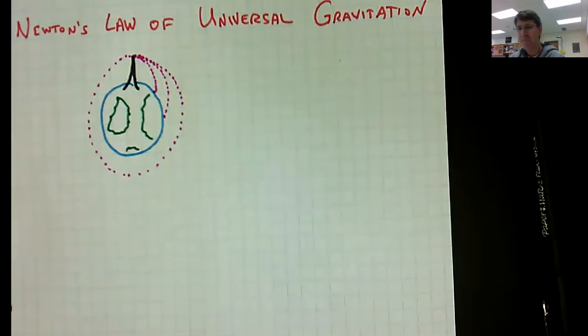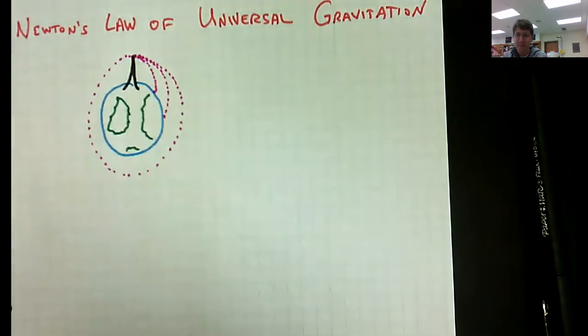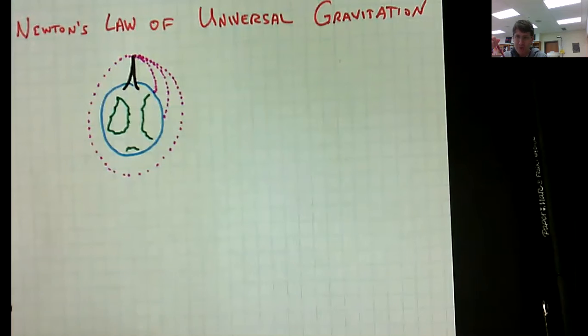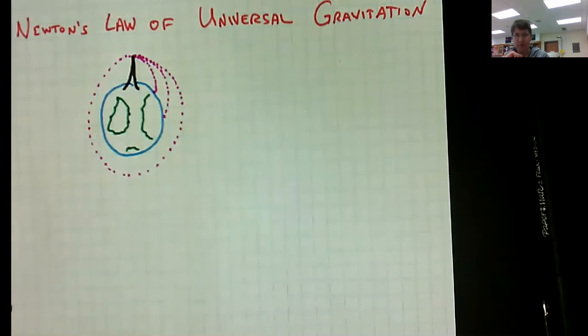And this is what was really interesting about what Newton said, and this is the core of the Newtonian synthesis. The gravity that pulls things on Earth down is the same gravity that pulls the moon around the Earth. And then it's only a small logical step to say that this same gravity also pulls the Earth around the sun.